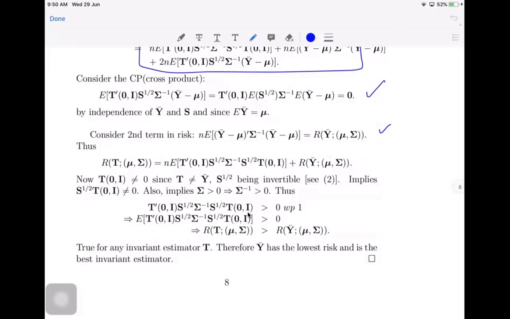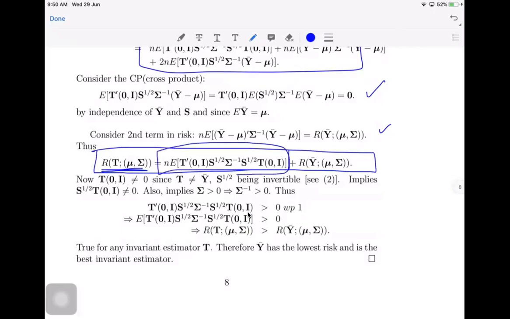The flow is to express the risk function in terms of two components: one is a risk associated with the estimator, and one is the risk associated with Y bar. So the risk is the sum of two components which are both positive, and one component is the risk of Y bar. It means that the risk associated with that competing invariant estimator is greater than the risk associated with Y bar. So you get this conclusion.